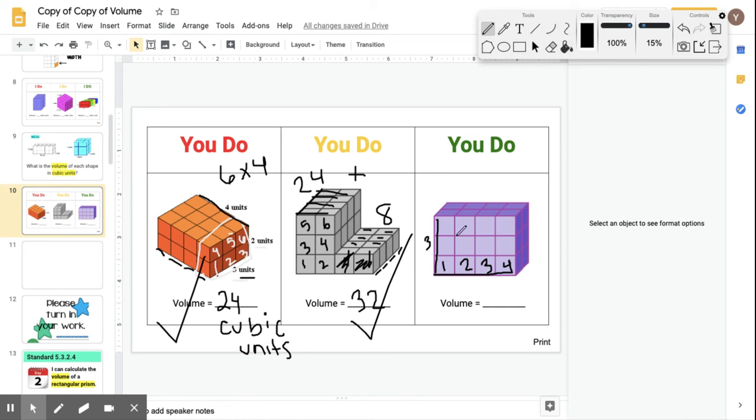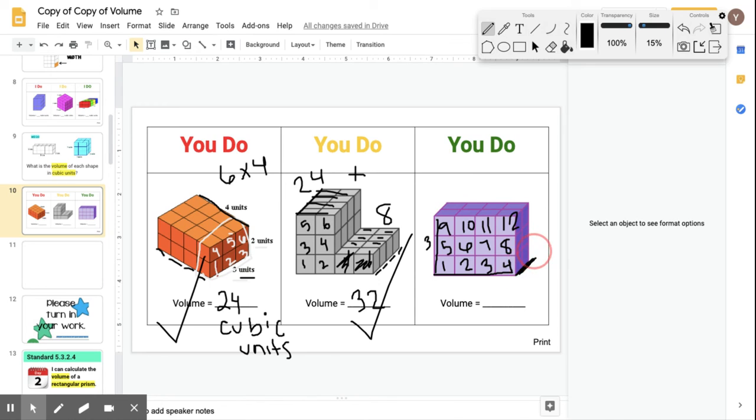So 4 times 3, this whole front is 12. Or you can just keep counting: 5, 6, 7, 8, 9, 10, 11, and 12. And then we check our width.